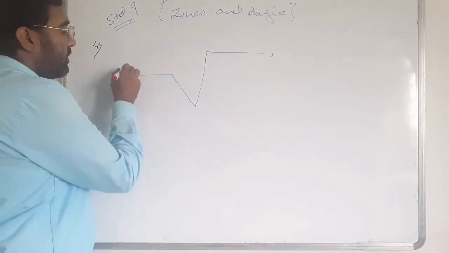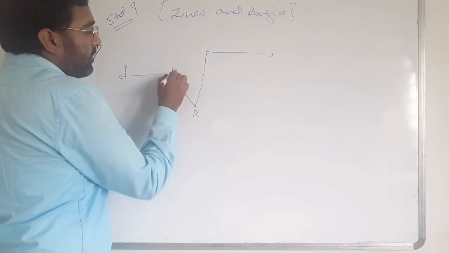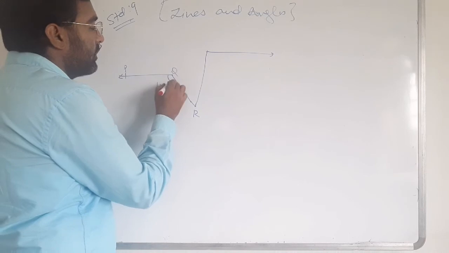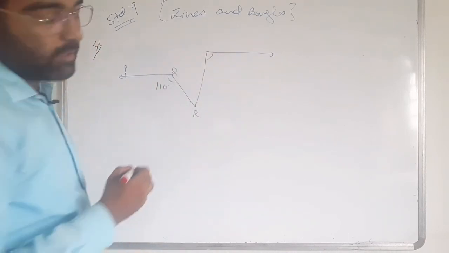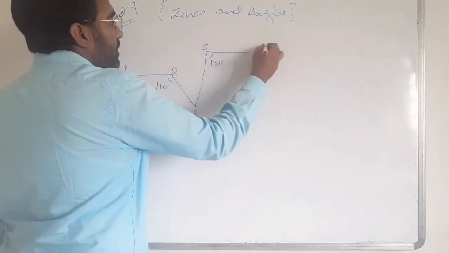So PQR is given as 110 degrees, and the second thing given is RST is 130 degrees.